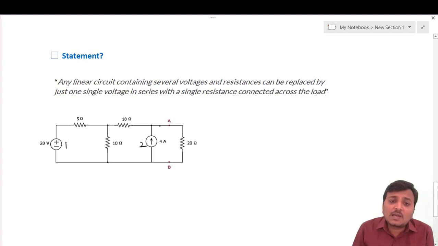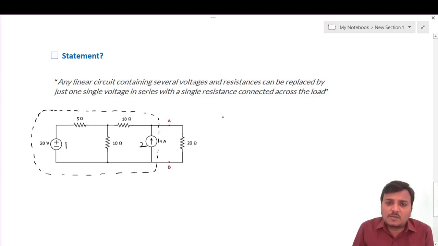Now this complex circuit, if you consider the 20 ohm resistor as your load resistance, is replaced with a box. I can call this the box.